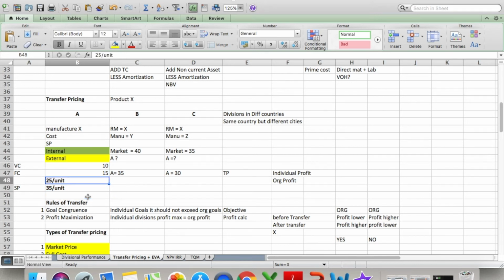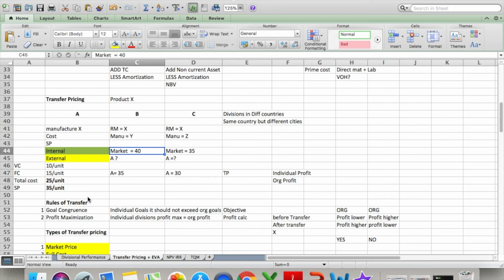So the total cost is 25 per unit, right? And let's say that A wants to sell it at 35 per unit to external market.